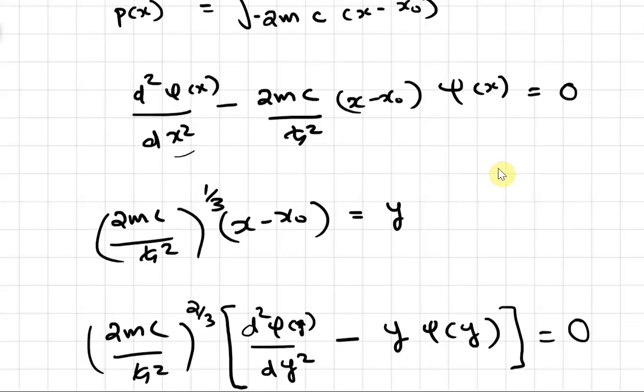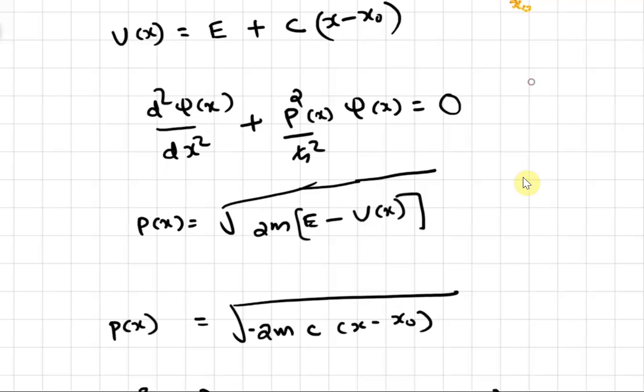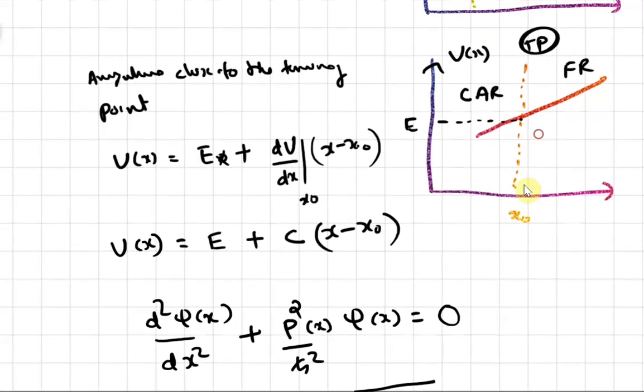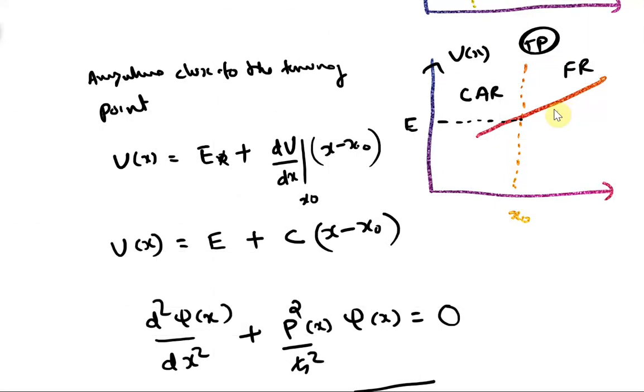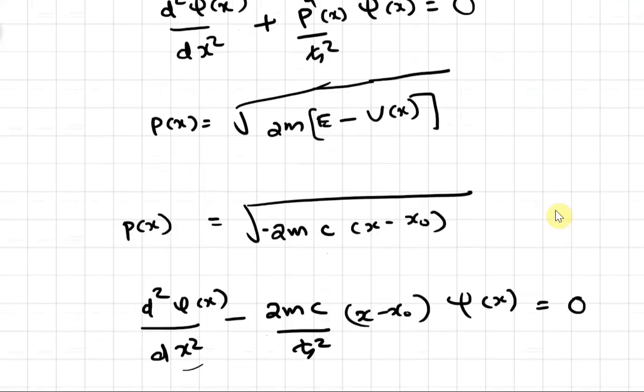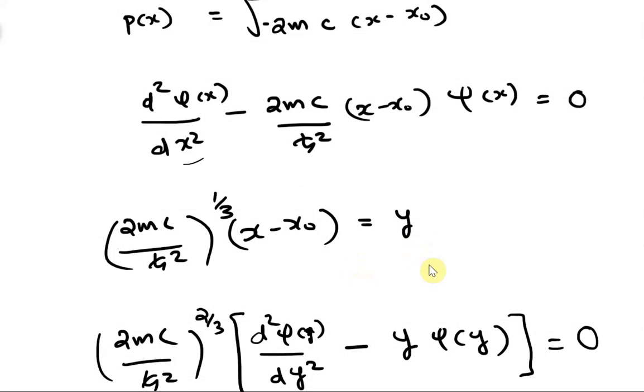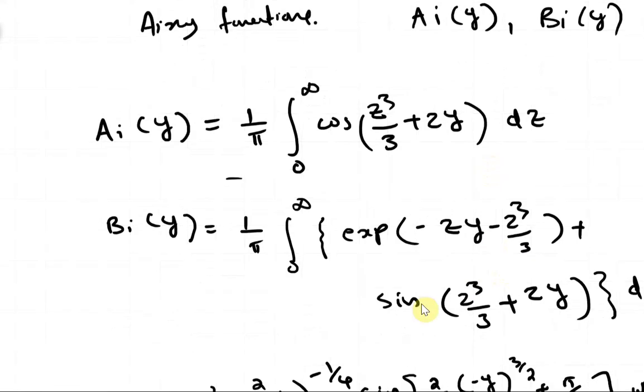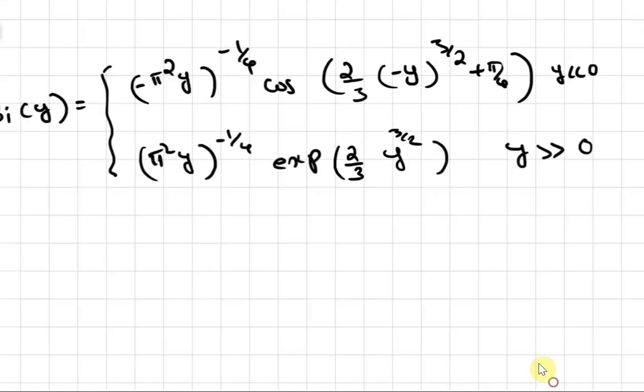So when is x minus x naught positive? In the case that we have taken, x naught is here; when x is on this side, it is going to be positive. That corresponds to the classically forbidden region. The second case corresponds to the classically allowed region, when y is negative.